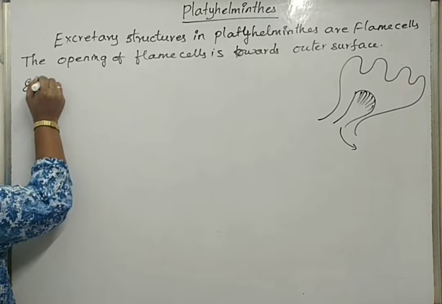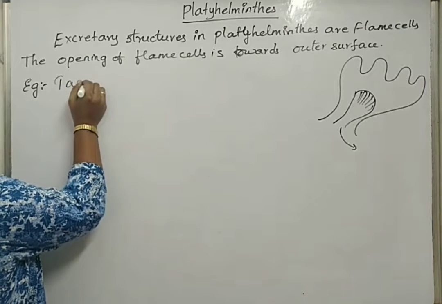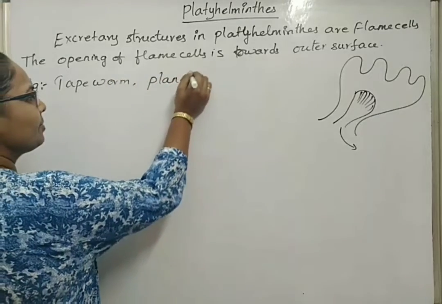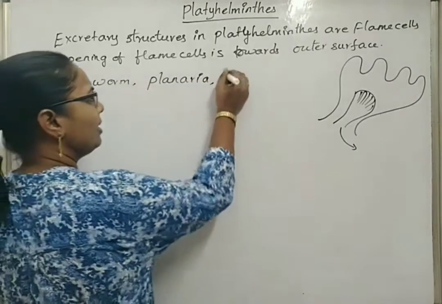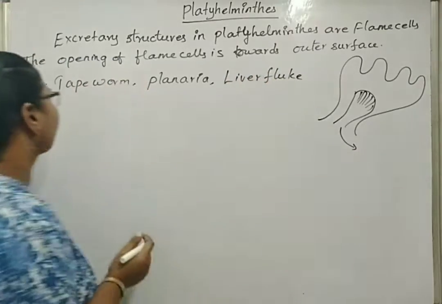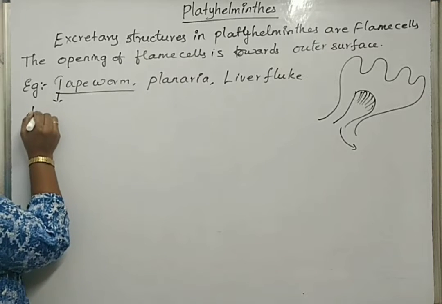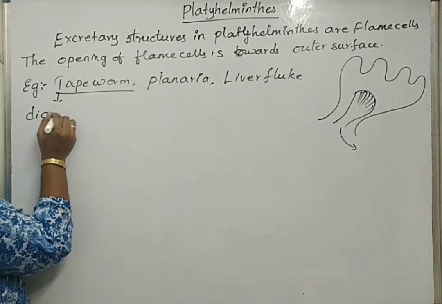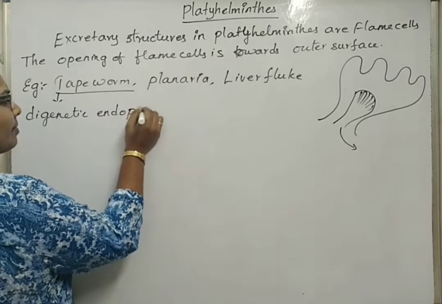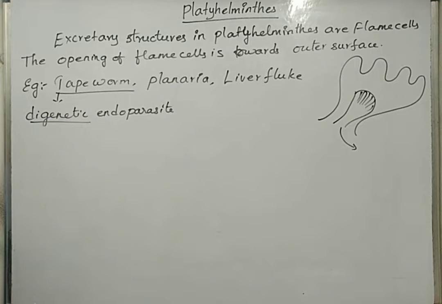Coming to examples under platyhelminthes: tapeworm, planaria, and liver fluke. Tapeworm is a digenetic endoparasite. What do we mean by digenetic?